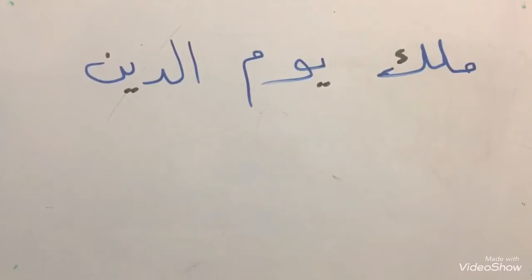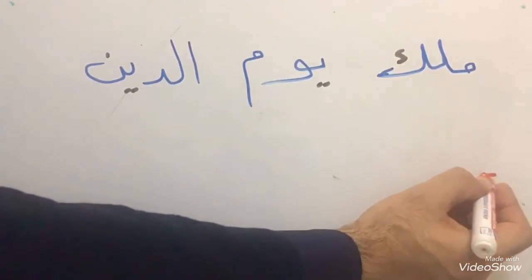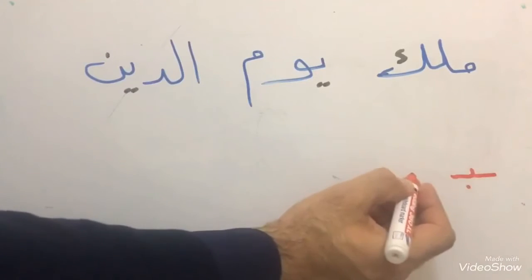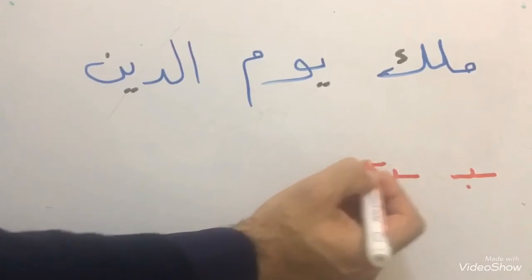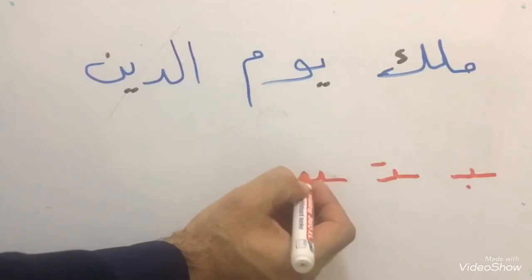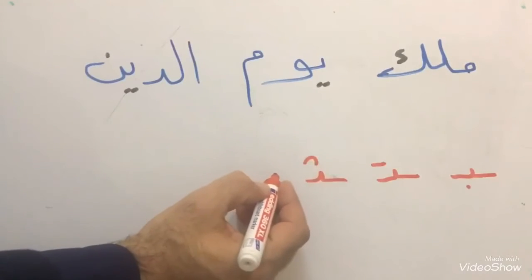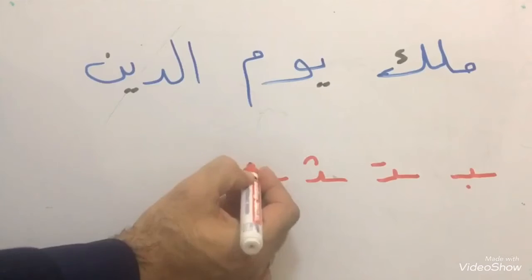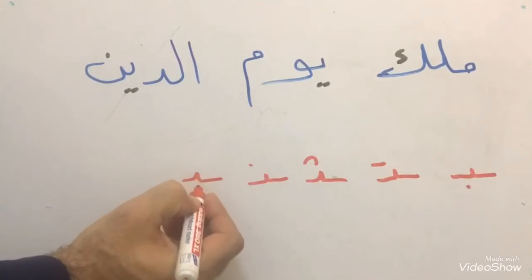So nowadays we have points to distinguish letters like ba, ta, tha, noon, and ya.